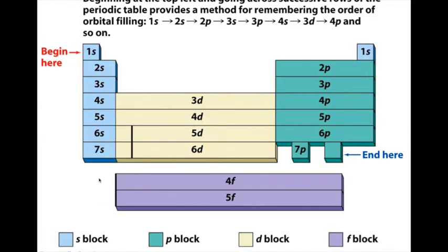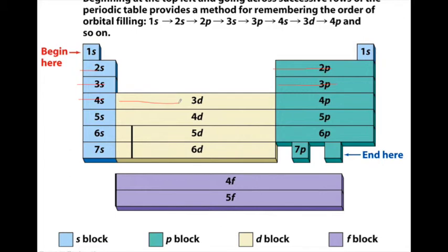So again, just to reiterate that, and then we'll work a couple of examples. We begin filling the 1s, then we go to the 2s, then we jump over here to the 2p. We begin putting electrons in the 3s, then we begin filling the 3p, then we drop to the 4s. When the 4s is full, we begin filling the 3d orbitals.